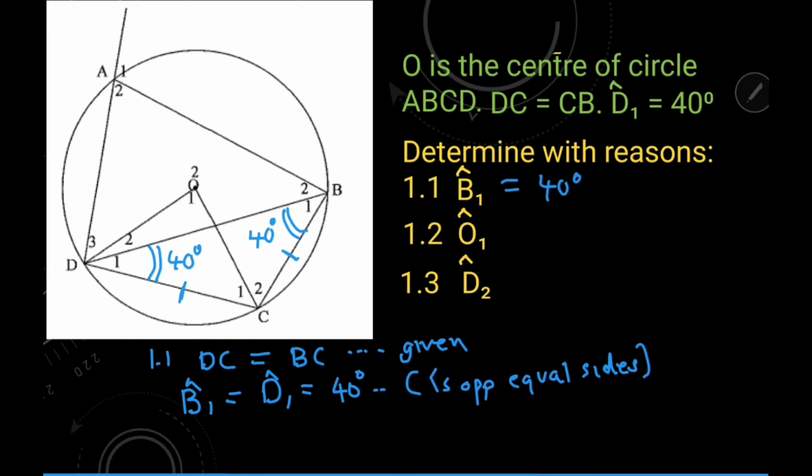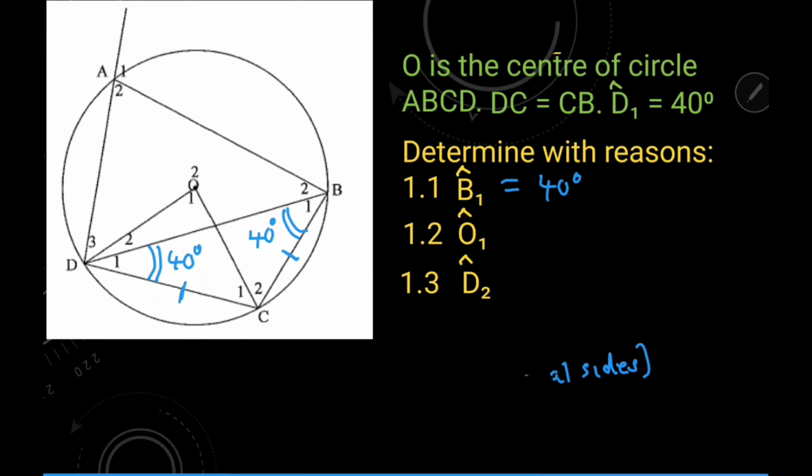Let's calculate O1. O1 is an angle that is at the center, okay, that is subtended by this chord DC or this arc DC. We have said that the angle at the center is always twice the angle at the circumference.